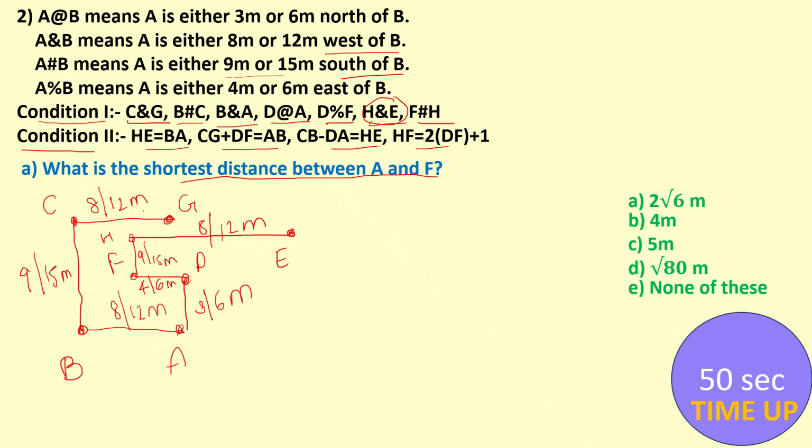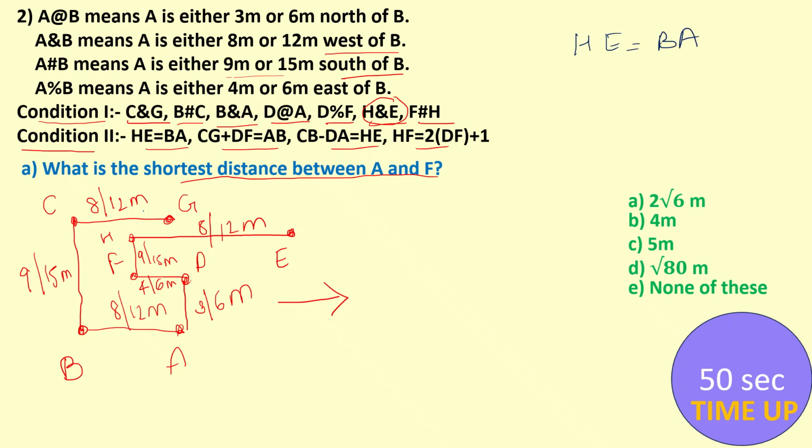So how will we find out? First, condition 2, you see: HE is equal to BA. But we are not confirmed with the HE distance or the BA distance. But if we find out any one of them, then HE will be equal to BA.